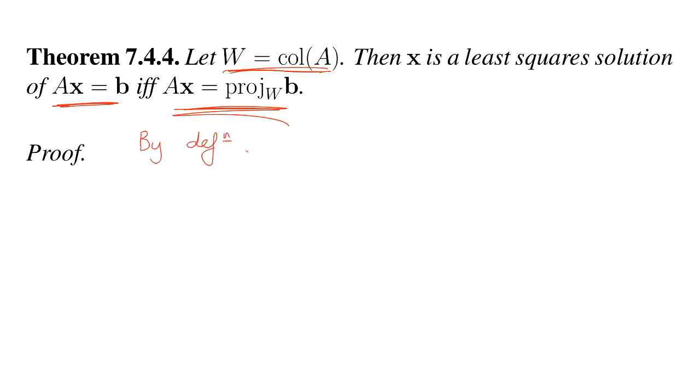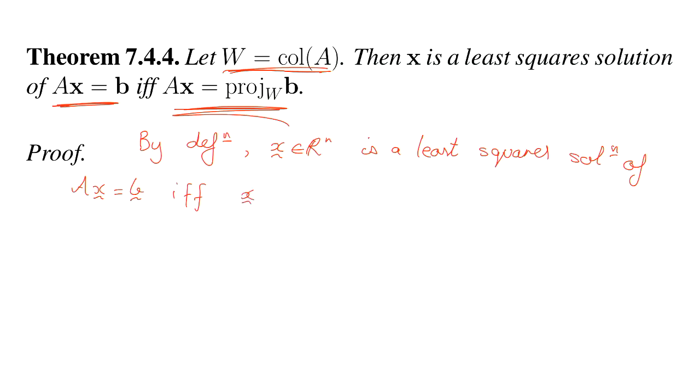So by definition, x is a least squares solution of Ax equals b if and only if x minimizes the distance between Ax and b.